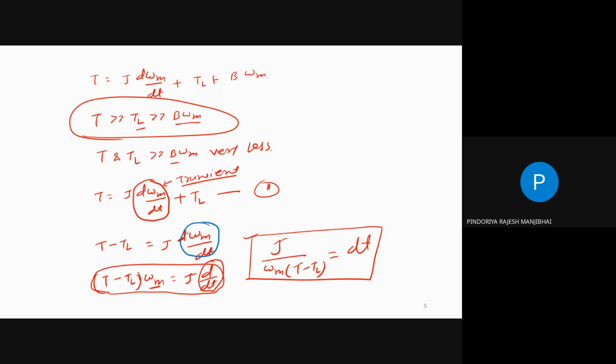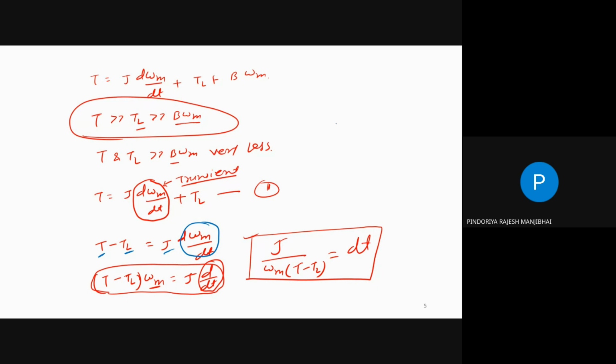Here the transient component is speed, because speed is changing with respect to time. Moment of inertia is constant, load torque is constant, total load is constant. Only speed is changing with respect to time. So we have to calculate the energy during transient operation, correct?